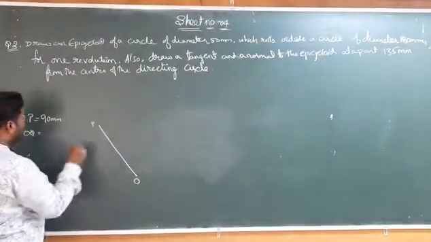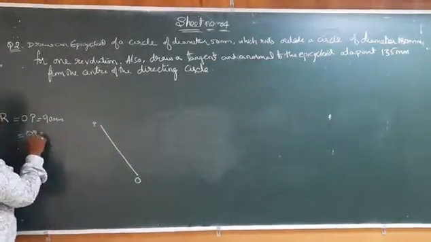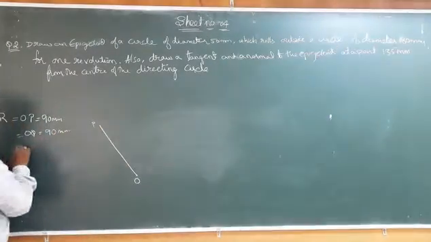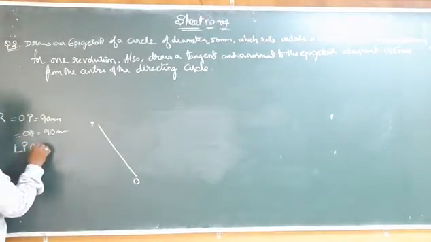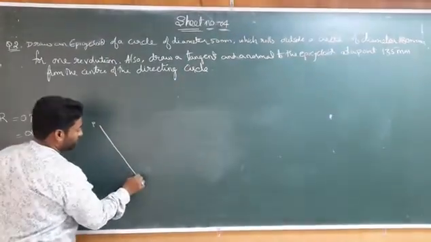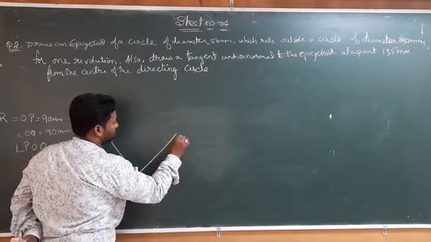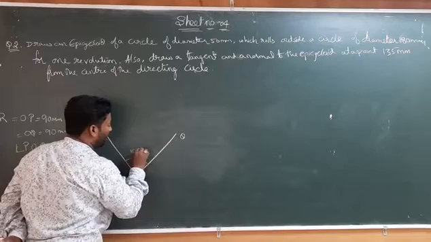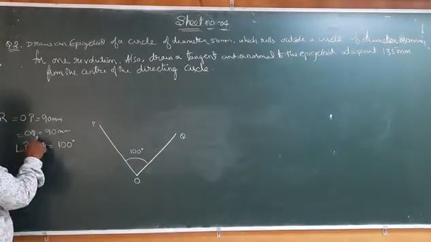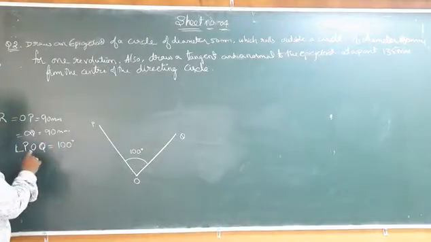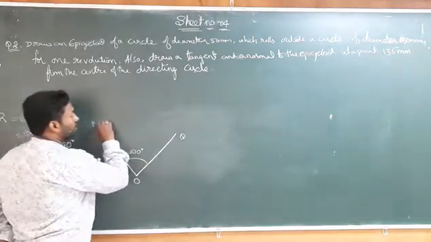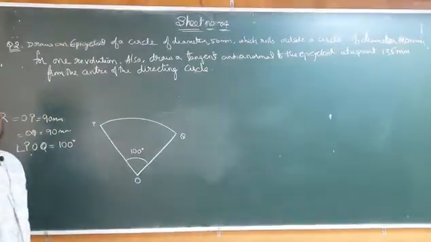OQ is also 90 mm, and the angle POQ is equal to 100 degrees, which is the angular distance covered by the smaller roller.